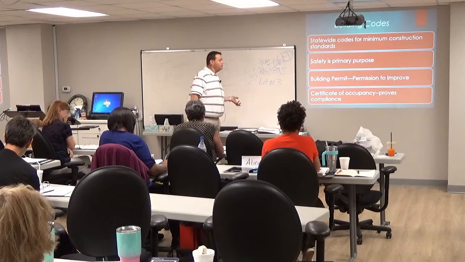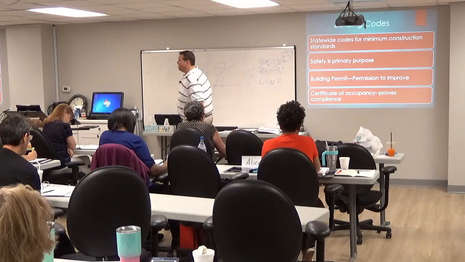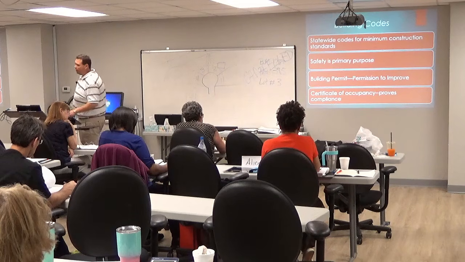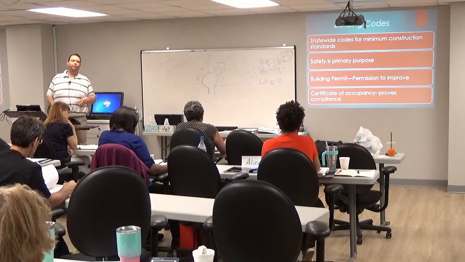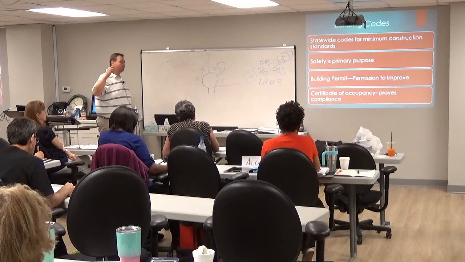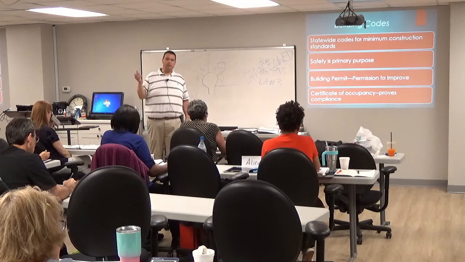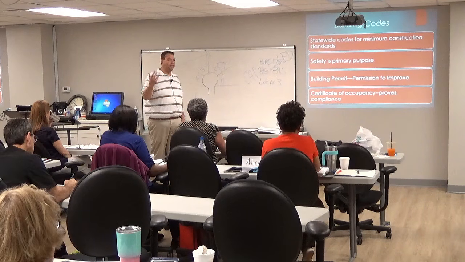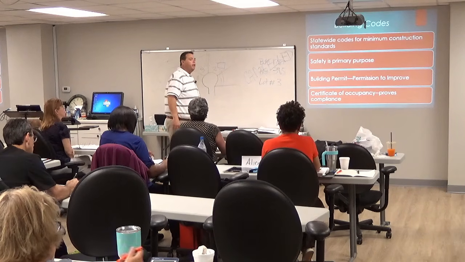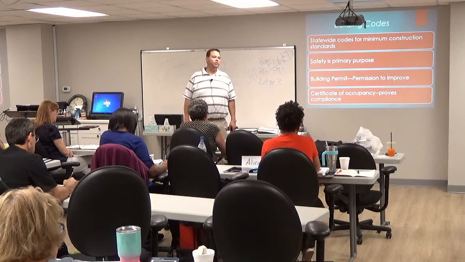The last, or one of the last, types of public land use restrictions we want to talk about are building codes. Building codes are a land use restriction because they govern basically the minimally acceptable safe level of construction. Notice I said minimally acceptable. On a test, they'll say things like, building codes are designed to provide the best construction practices.